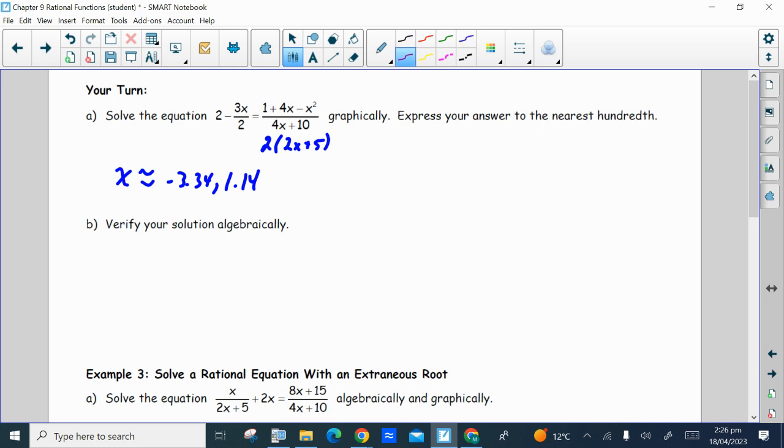To get the answers algebraically, we need to multiply all 3 terms by the common denominator, which will be 2 bracket 2x plus 5.